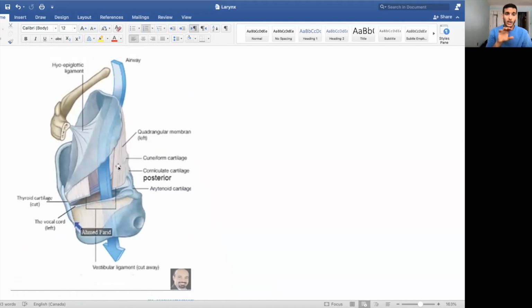Okay, what we're looking at right now is the epiglottis, the hyoid bone right here. And so airway comes in from this side. And so when the epiglottis functions, you will see that the epiglottis closes the laryngeal aspects moving posteriorly. Okay, the laryngeal inlet is closed when the epiglottis moves posteriorly.